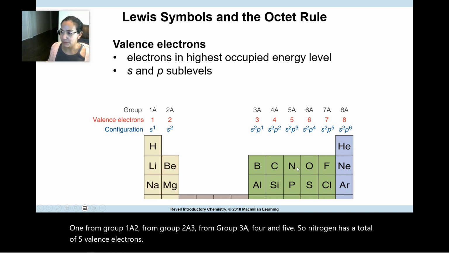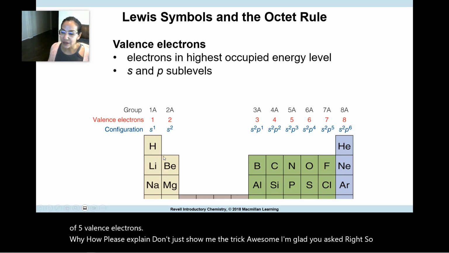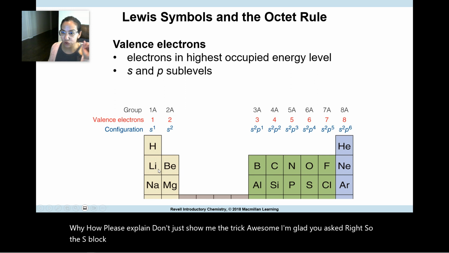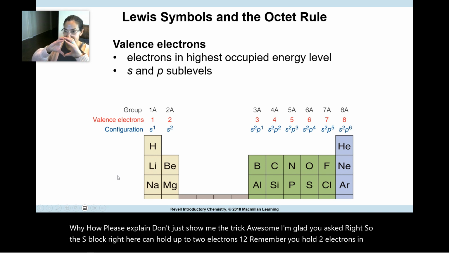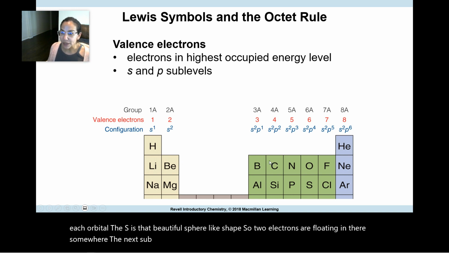Why? How? Please explain. Don't just show me the trick. Awesome. I'm glad you asked. All right. So the S block right here can hold up to 2 electrons. 1, 2. Remember, you hold 2 electrons in each orbital. The S is that beautiful spear-like shape, so 2 electrons are floating in there somewhere. The next sublevel, right, is the P sublevel, and the P sublevel has a total of 3 orbitals.